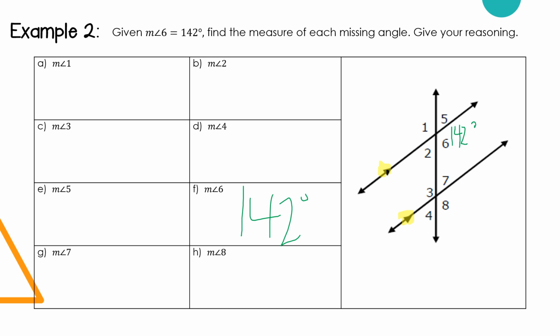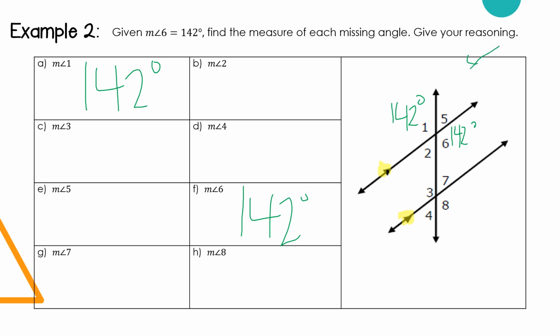So I'm going to start with what you've spent more time on. So angle 1 and 6 are going to be congruent because they are vertical angles. So I know the measure of angle 1 is 142 degrees. 1 and 5, 5 and 6, 2 and 6, or 1 and 2 are all linear pairs. That means that they add to equal 180.